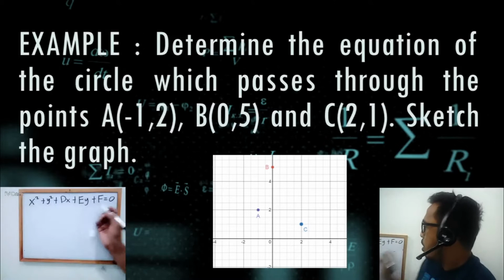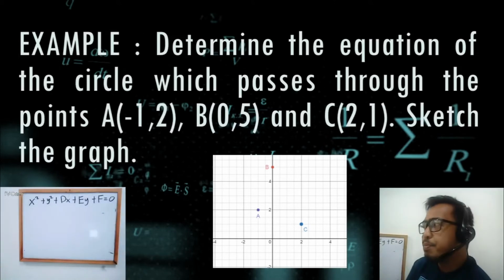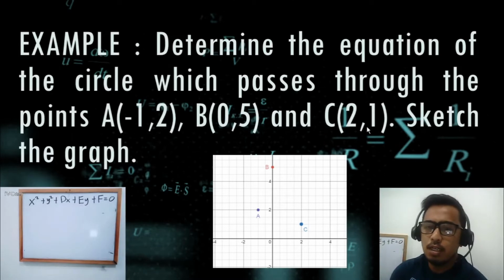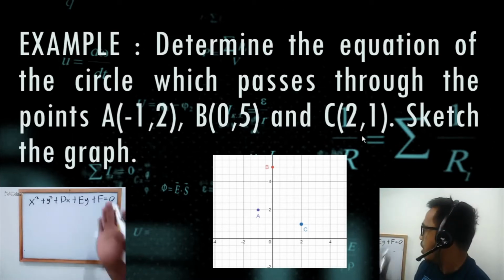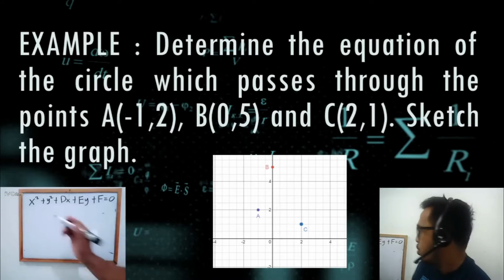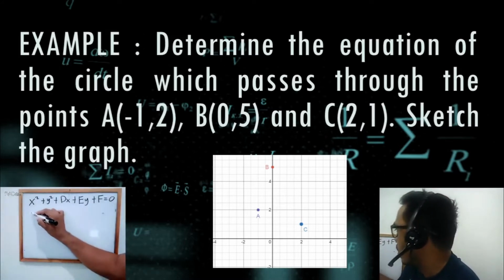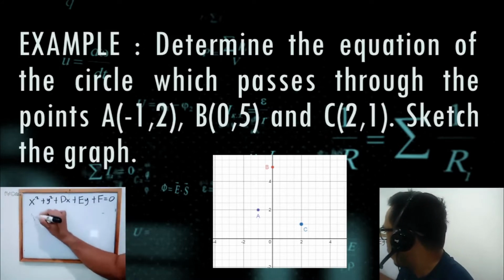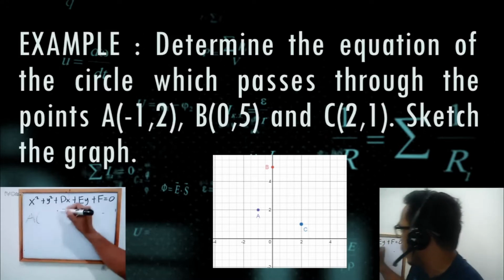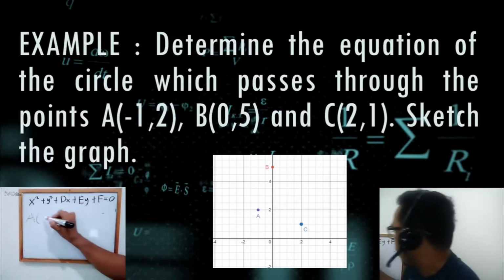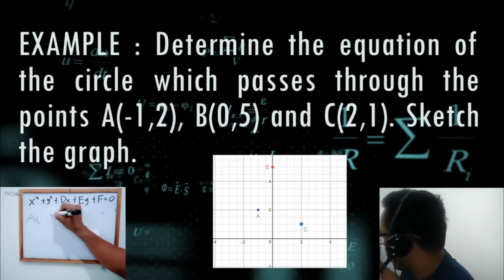If you will be using the general form, then you will substitute each of these points in our general form. Let us use first the first point, which is the point (-1, 2).